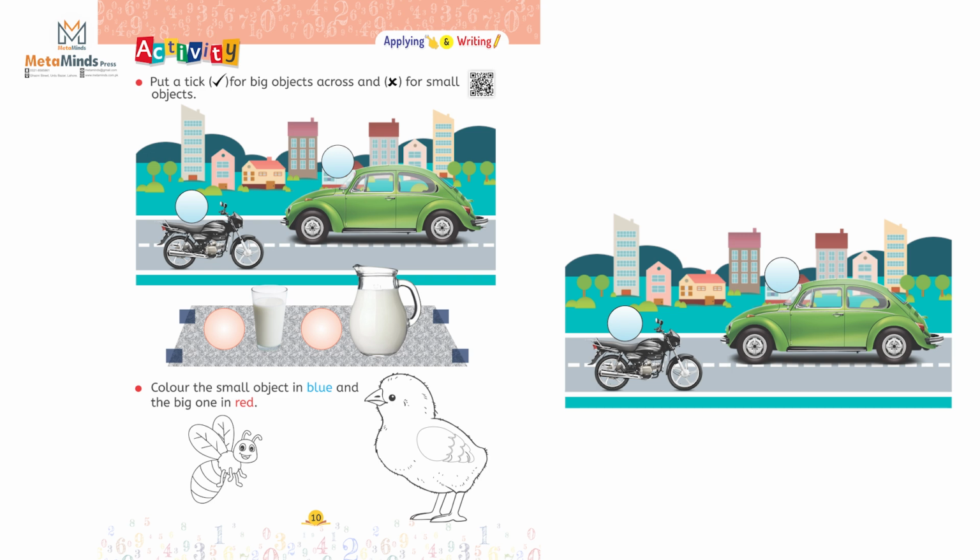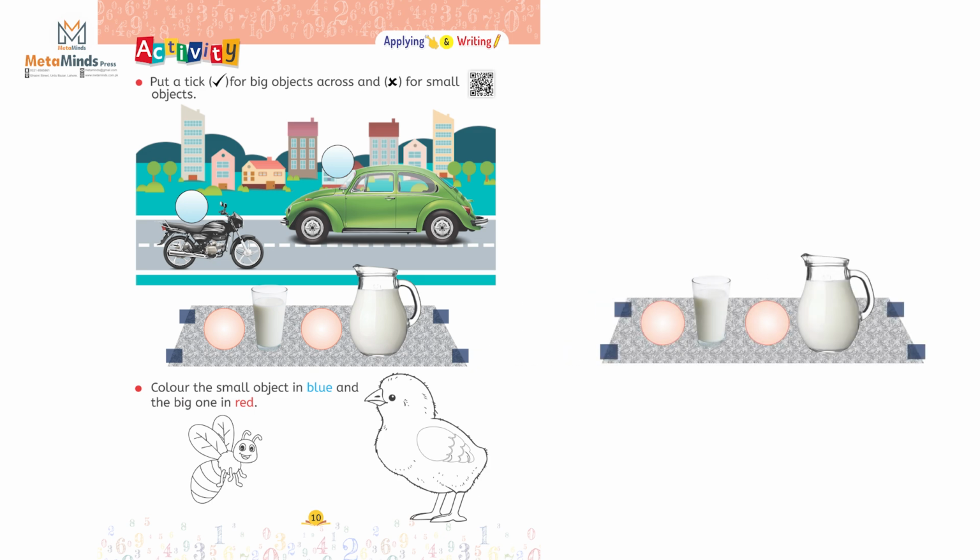You are going to tell me which is big. Car is big. So here you have to tick the big object and cross out the small one. And in the next place we have a jug and glass. You can easily distinguish which is big and which is small.